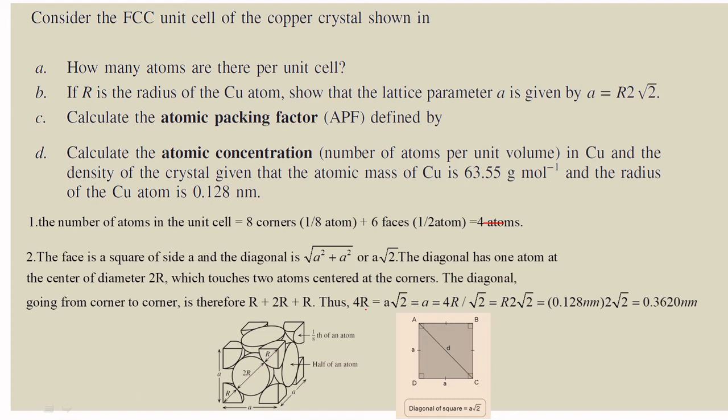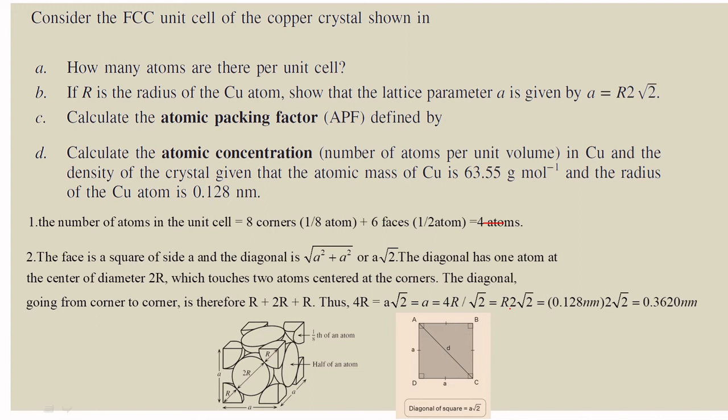So that means 4R equal to A root 2. If you find A, you will get 4R divided by root 2. If you manipulate this equation further, you can write it as R into 2 root 2.